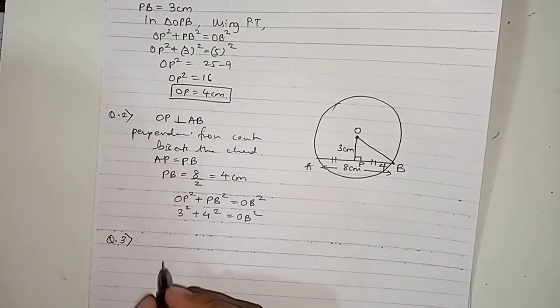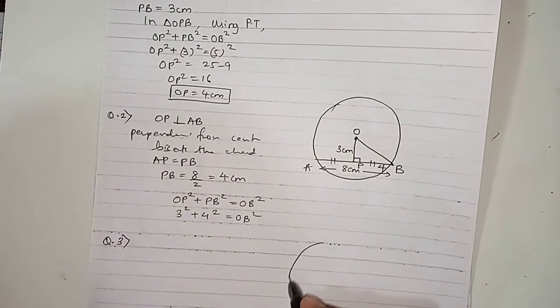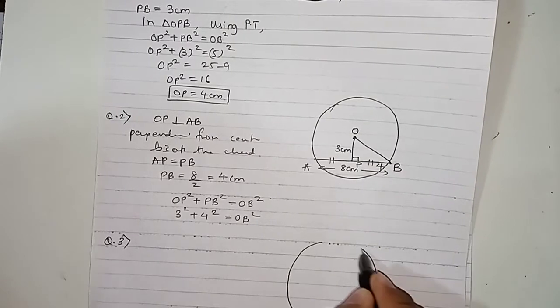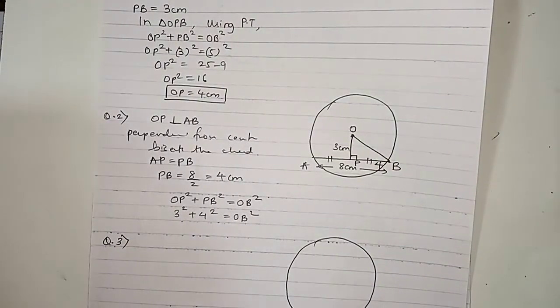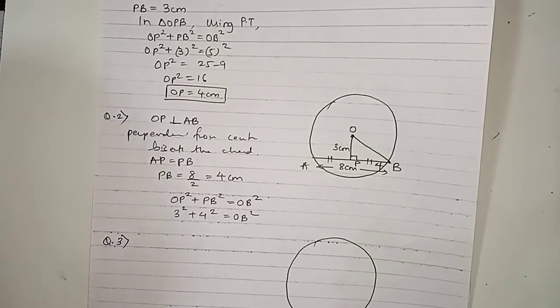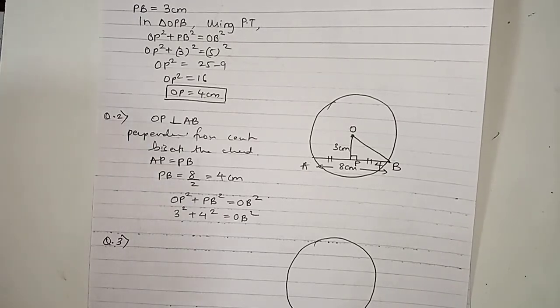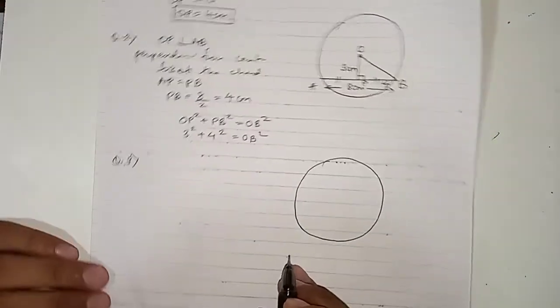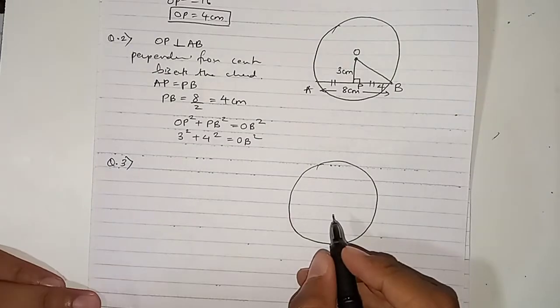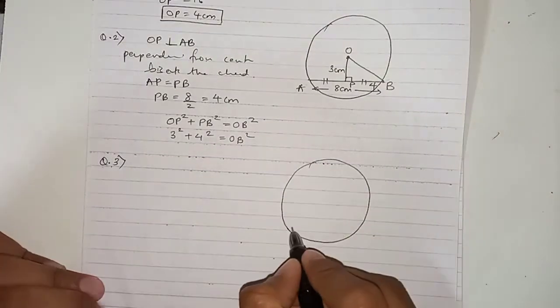Question 3. The radius of a circle is 17 centimeter and the length of the perpendicular drawn from its center to the chord is 8 centimeter. Read the question along with me. You should keep the question in front of you and keep reading it.